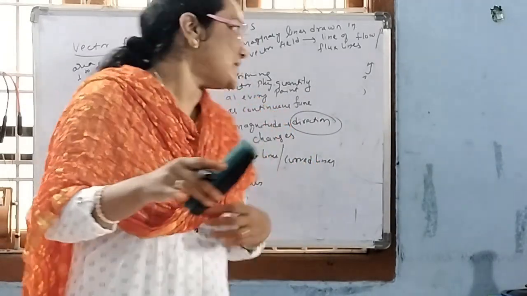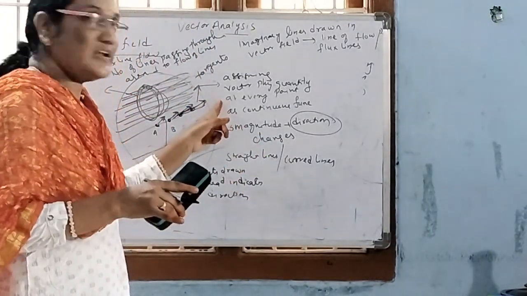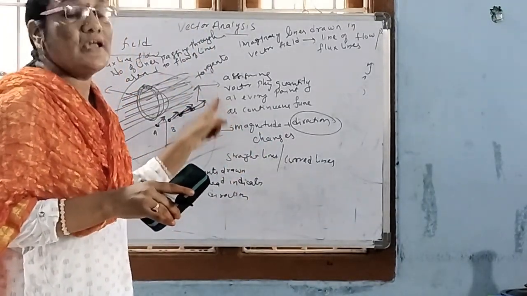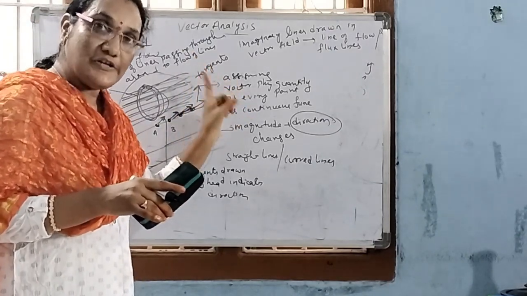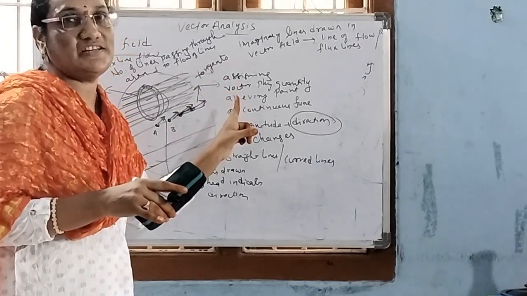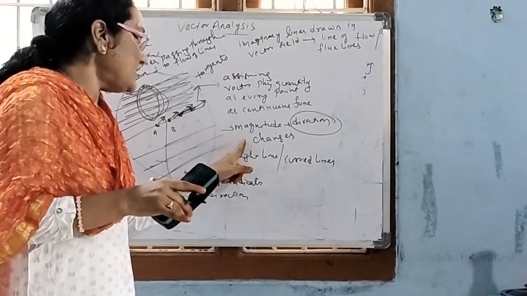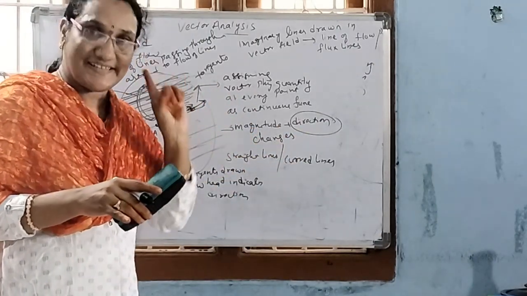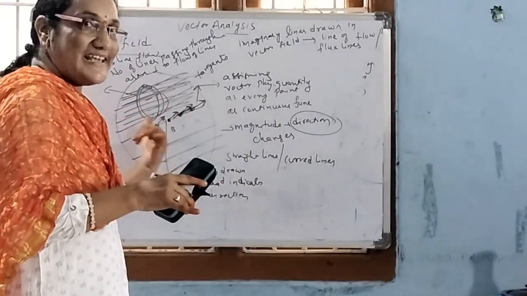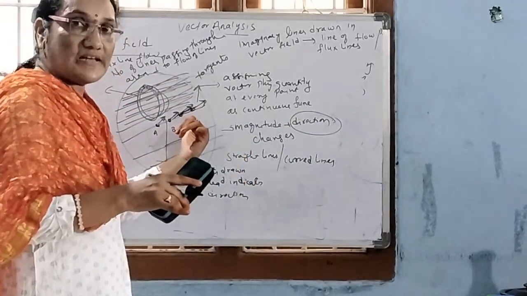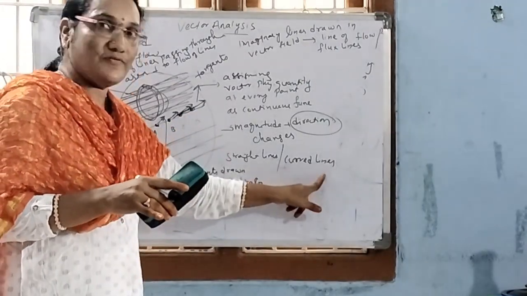Now this is about the scalar and vector field. Once again, I am repeating the vector field points. If the vector quantity is assigned at each and every point as a continuous function of the physical quantity, we define that field as a vector field. The magnitude as well as direction changes at each and every point. If we trace the path of this vector quantity traveling from one point to another point, we get curved lines.